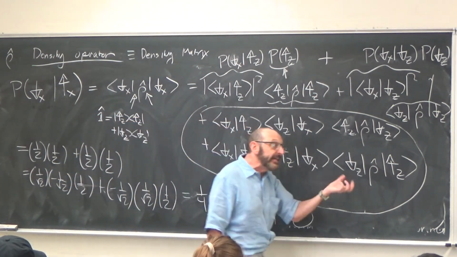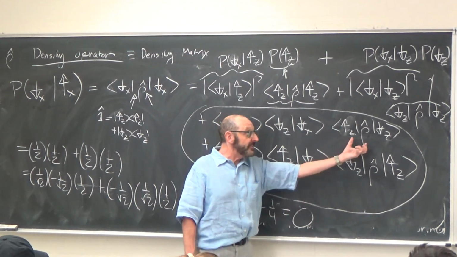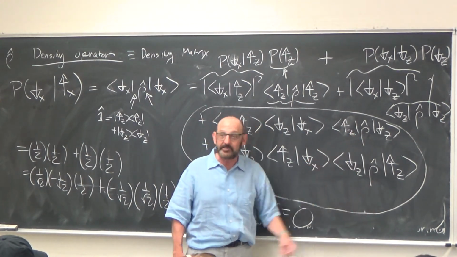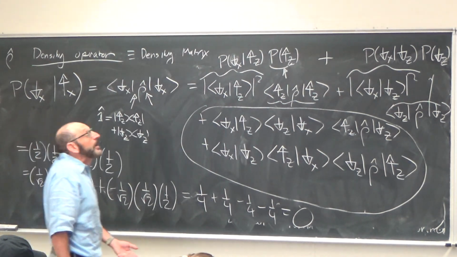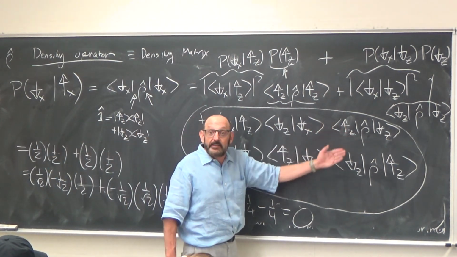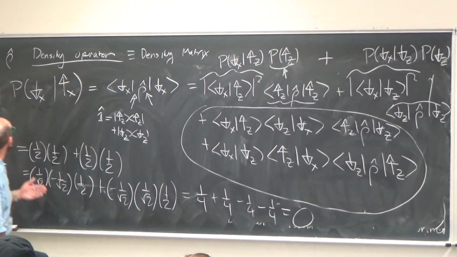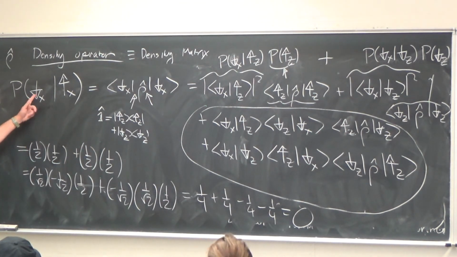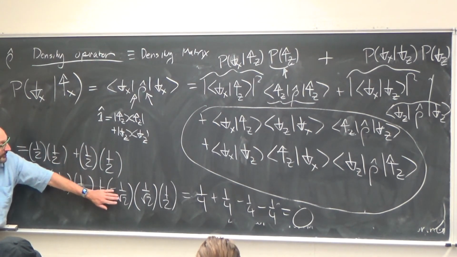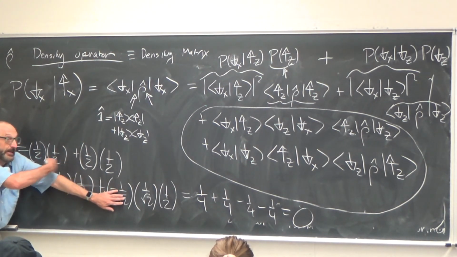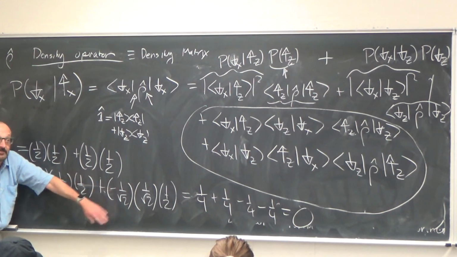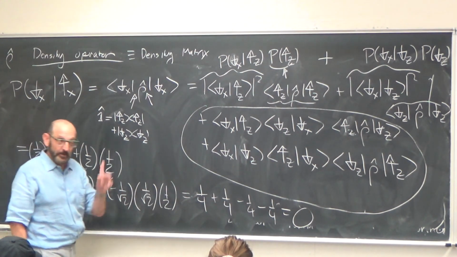And the degree to which they are canceled depends on the strength of these off-diagonal matrix elements. If those off-diagonal matrix elements were 0, then the probability to find spin down along X would be what? It would be this, which is a half. We'll come back to that.